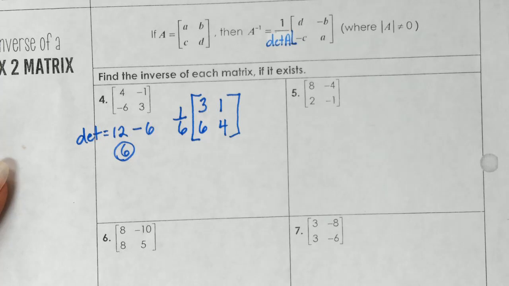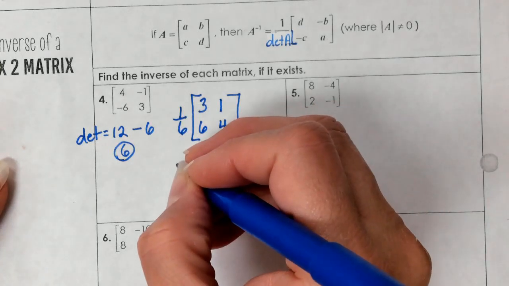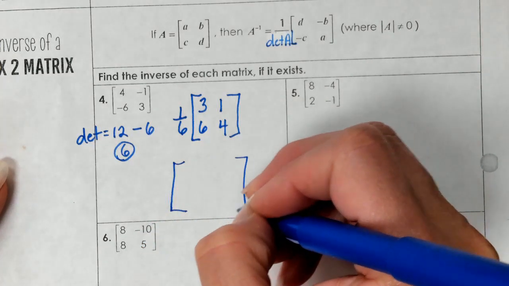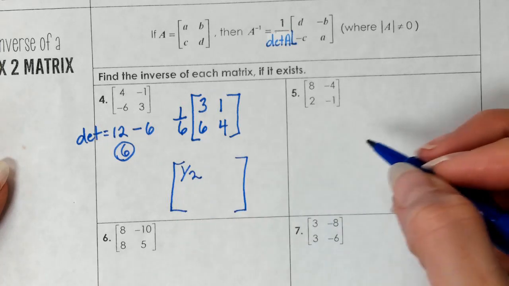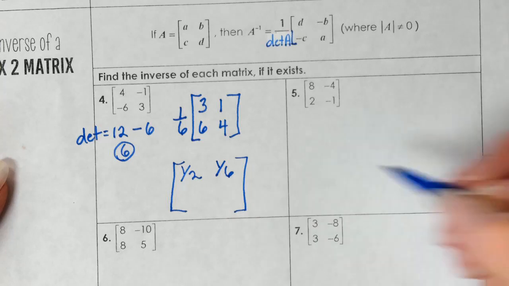Now, I have noticed before on test generators that they might leave the answer like this, but it really is unfinished because we know how to multiply by a scalar. So, what is 3 times 1/6? That means 3 over 6, doesn't it? What's 3 over 6? 1/2. 1 times 1/6 would be 1/6.